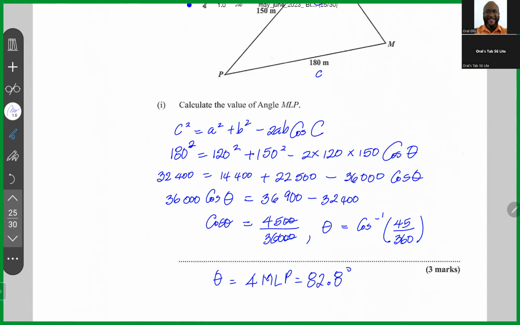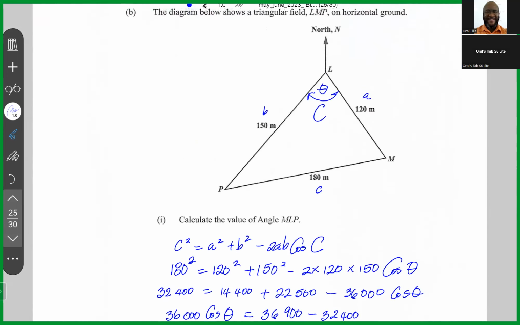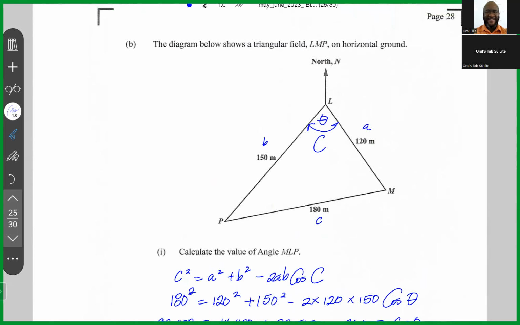What else do they want to know? They want to know the bearing of P from L. So we're taking a bearing from L. It's the bearing of P from L. Bearing is always measured clockwise.